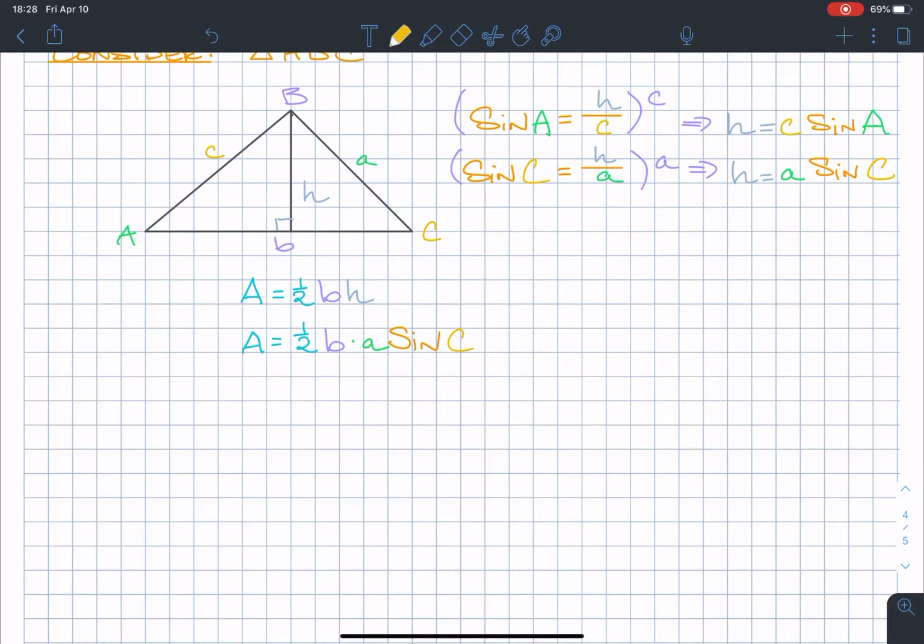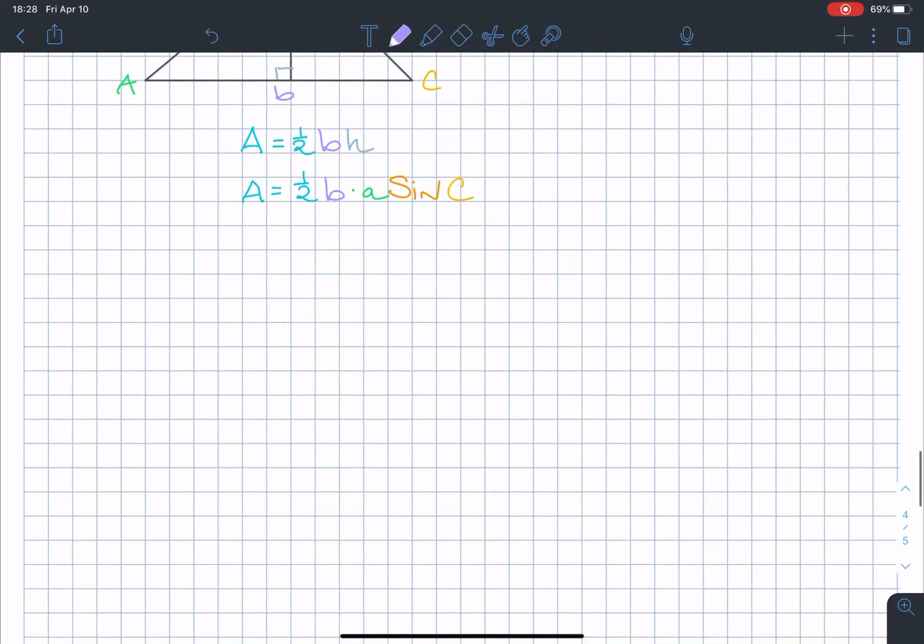Okay, so theorem. Given side angle side, do it that way, side angle side.